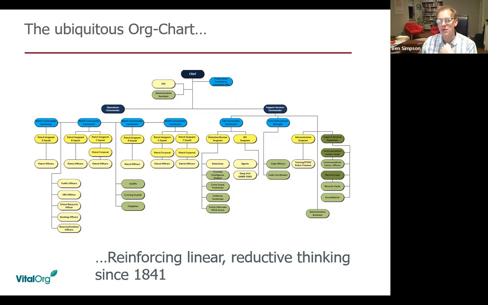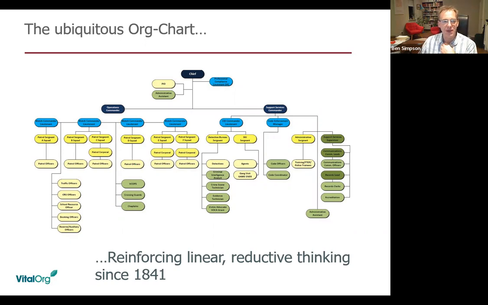By the way, bonus question: does anyone know where the first recorded organogram came from? David, I suspect you may know this. It was drawn by an electrical engineer... Ben Taylor, I'm sure you do.